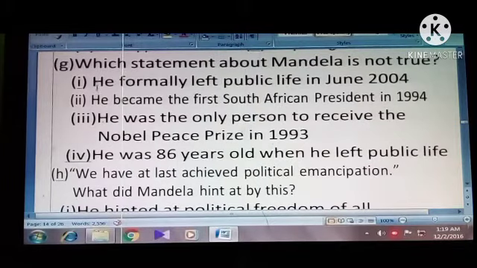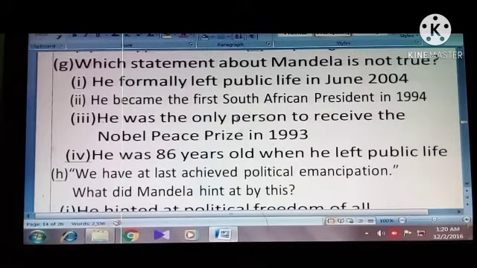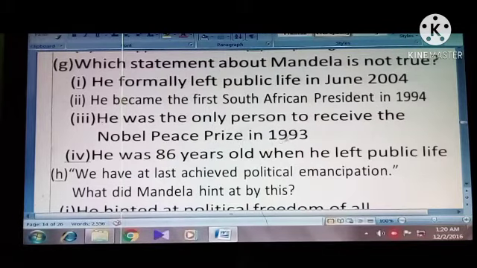Here number 1, number 2, number 4, all these sentences are correct, but number 3, he was the only person. In our passage we got that Nelson Mandela was not the only person. He, along with F.W. de Klerk, received the Nobel Peace Prize in 1993. So here it is not true. So the correct answer is number 3.